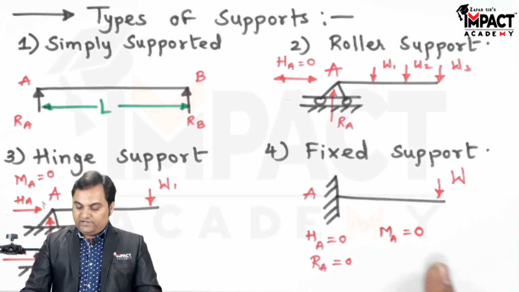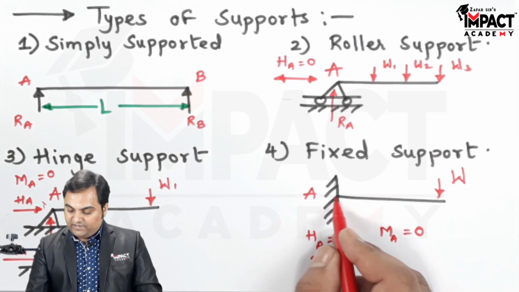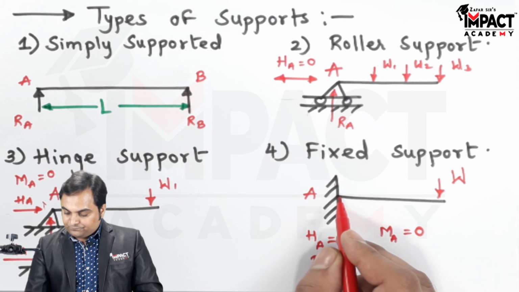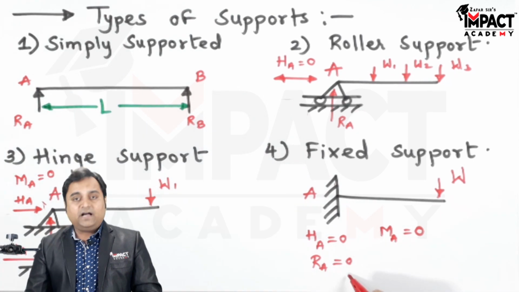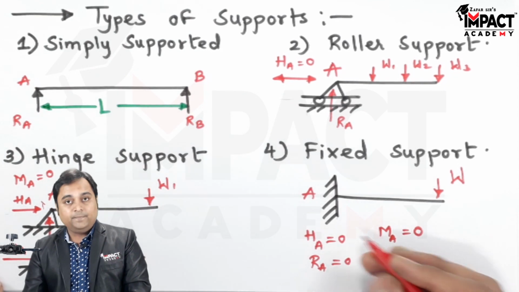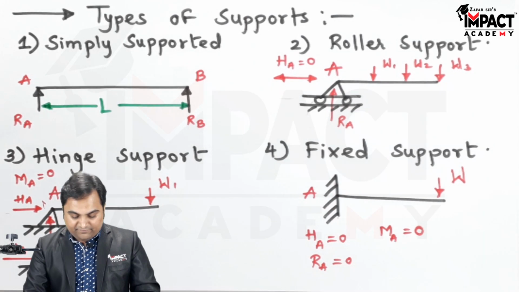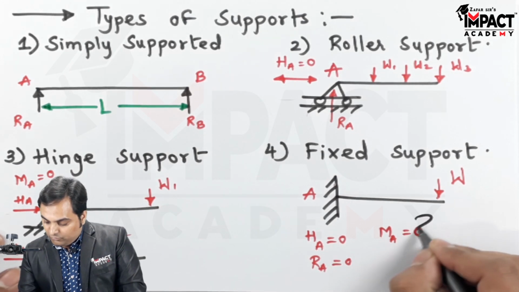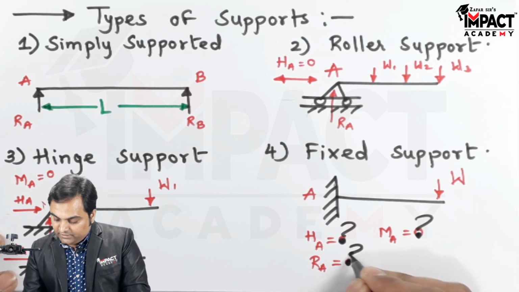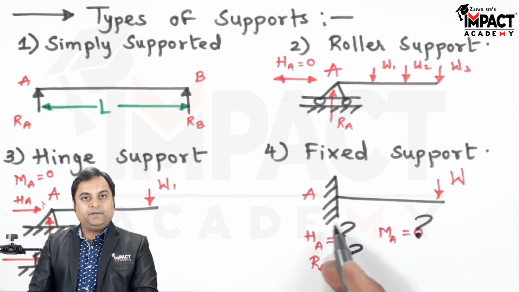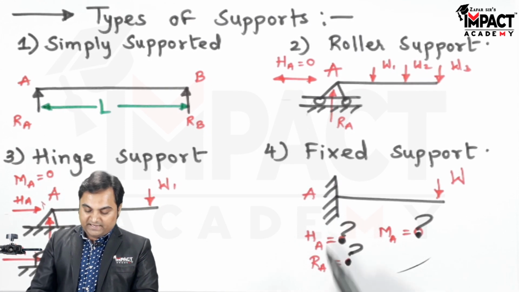These are the conditions which we have to remember when we are taking different kinds of supports for a beam. That is, if there is a fixed beam, we have to show the moment, the horizontal reaction as well as the vertical reaction. Here HA and RA values won't be 0, because the beam cannot move in any direction. So the moment at A will also be there, meaning a moment would be acting. Similarly, there would be a horizontal reaction and a vertical reaction. All the values would be there, because since it is fixed, it cannot offer motion in any of the directions, so all the reactions are there.